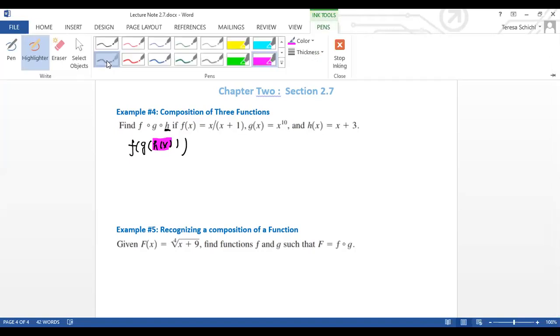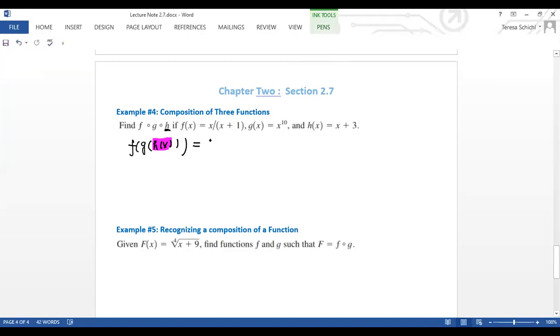Now let's rewrite this one. This is f of g, and inside, h of x is x plus 3. That means now you're looking for the function g of x. Every x in g of x you need to replace with x plus 3.